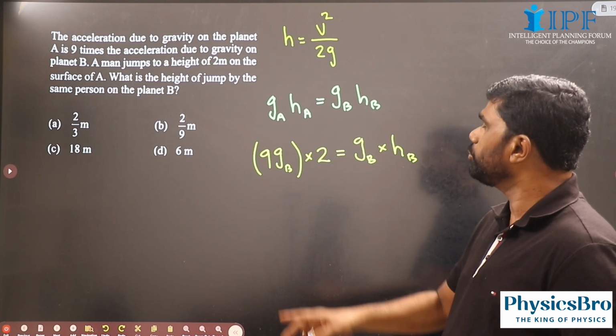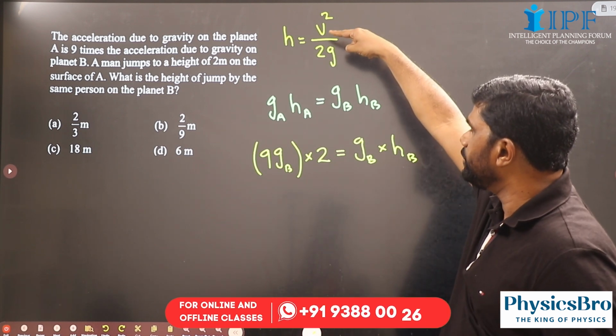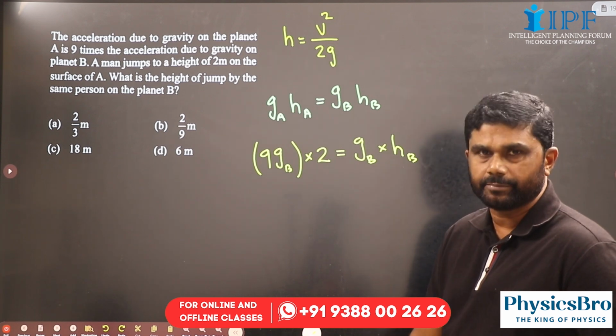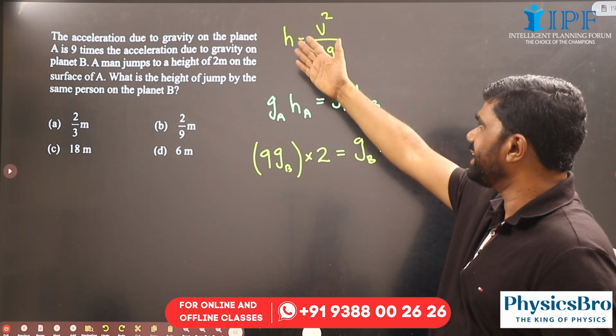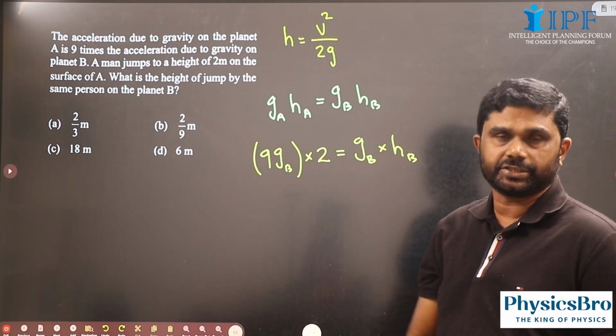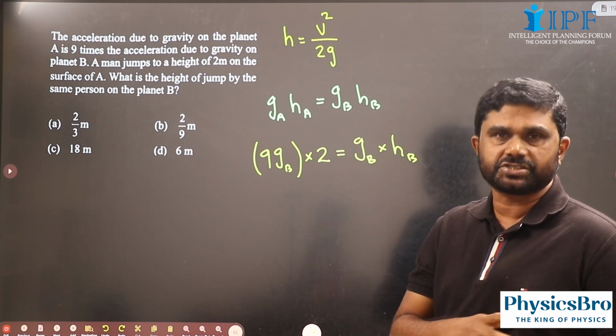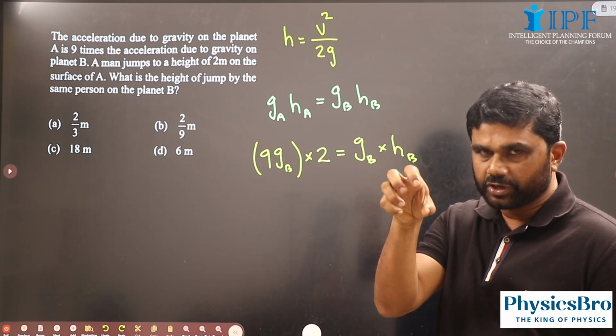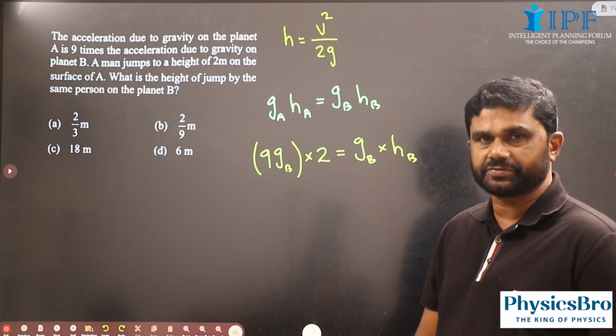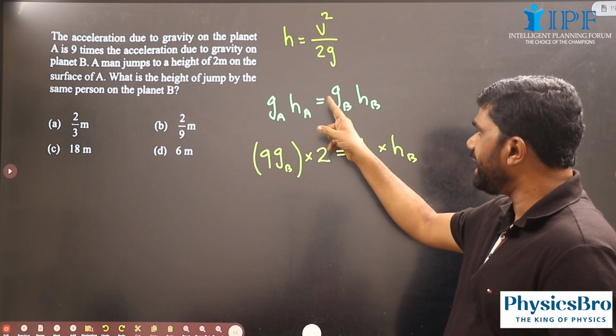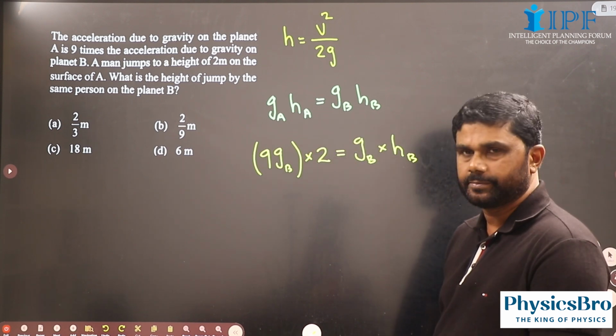So we have two cases. In both the cases, v is same, v square is same, v square by 2 is same. So let us say h proportional to 1 by g, or gh is constant. gh for the first case will be equal to gh for the second case, so gA hA equal to gB hB.